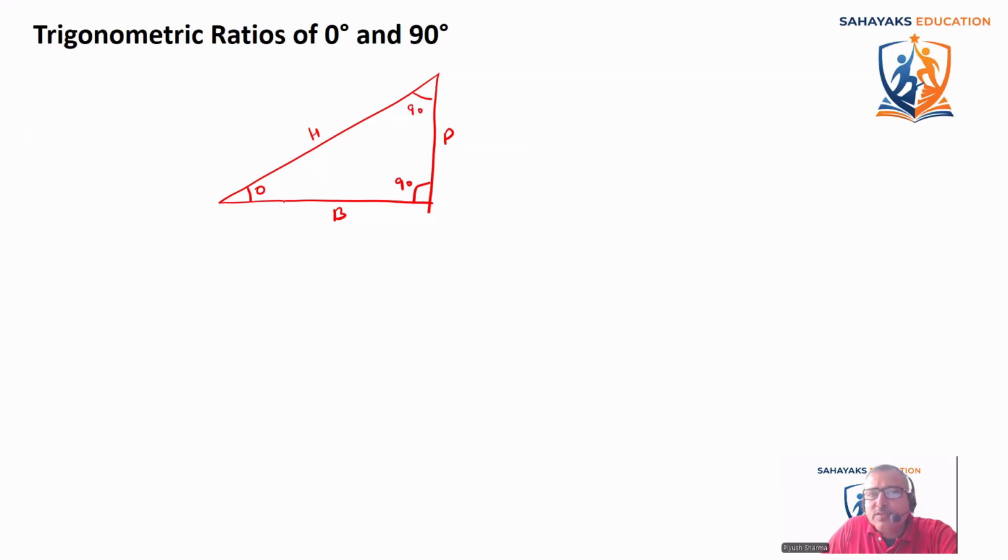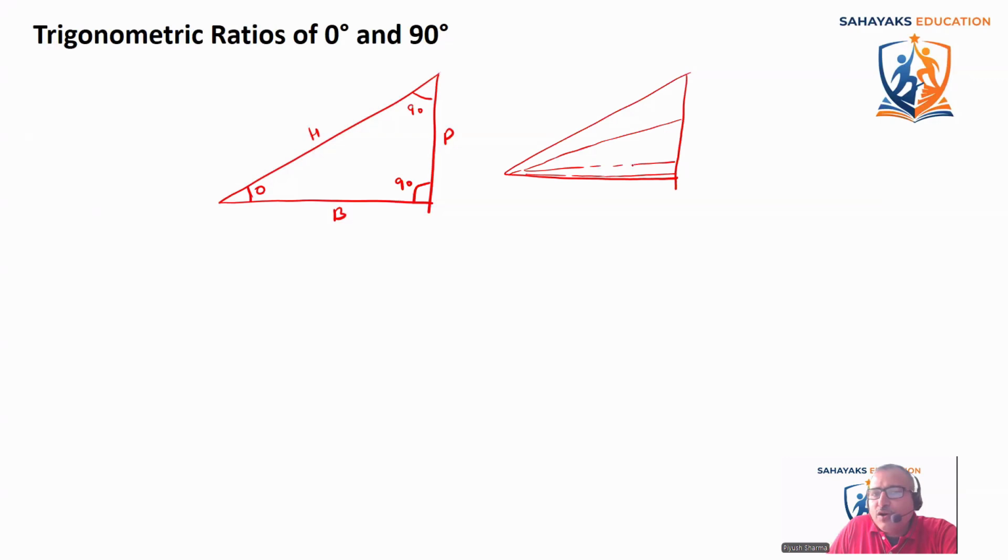If I just draw it down and keep on going down, the angle between the perpendicular and hypotenuse will be 90 degree, because only then will the triangle become 180 degree. So 0 is a very small angle.